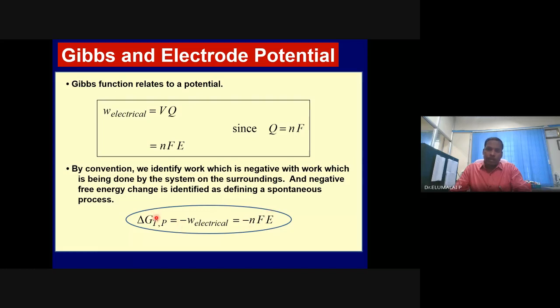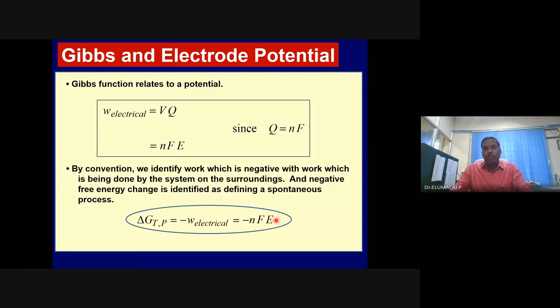You can also designate it at standard conditions, standard temperature and pressure, and unit activity: delta G naught must be equal to minus nFE naught. So delta G is the change in free energy, and delta G naught is the change in free energy at standard condition. It is related to electrode potential or cell voltage.